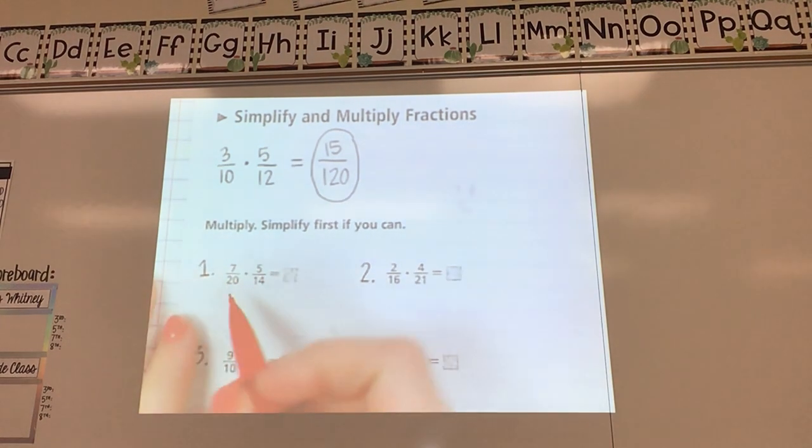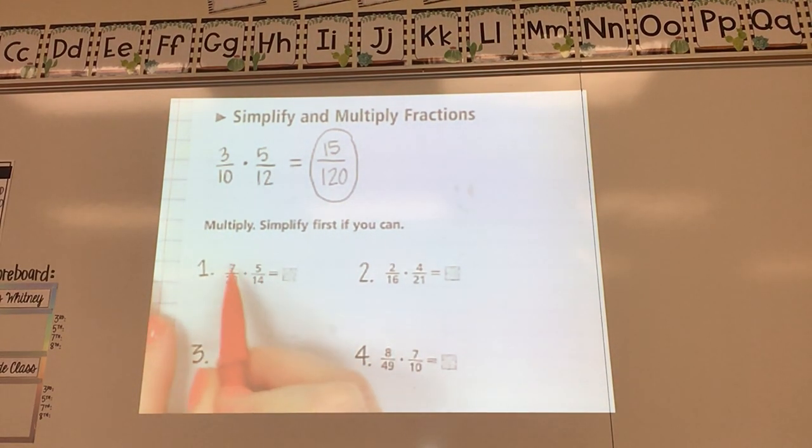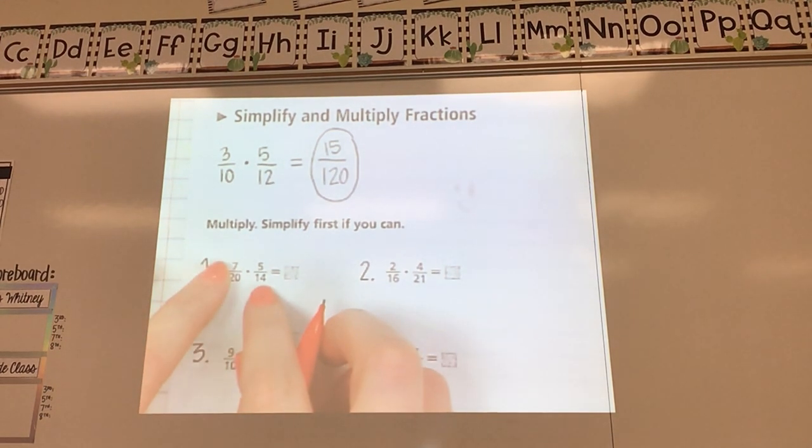So first let's look here at the 7 and the 14. Is there anything that you can think of that I could divide 7 and 14 by? So remember, use your strategy from yesterday. Look on your multiplication chart if you need to. What's something that will go into 7 and 14? Well, 7 will go into both of those.